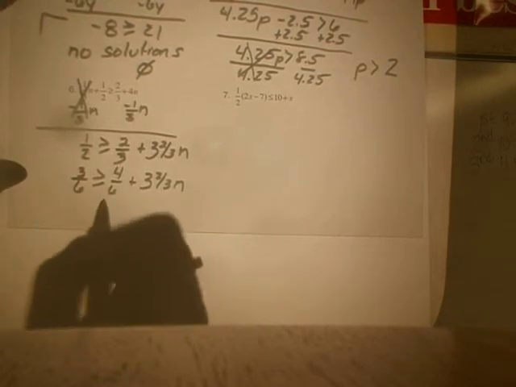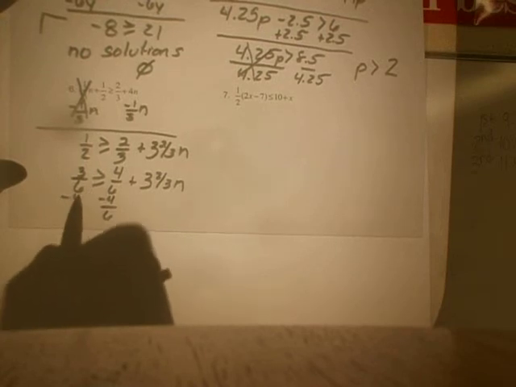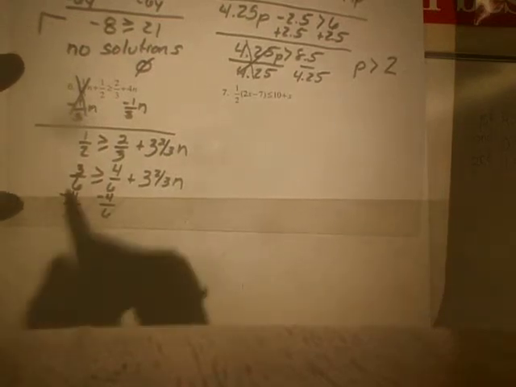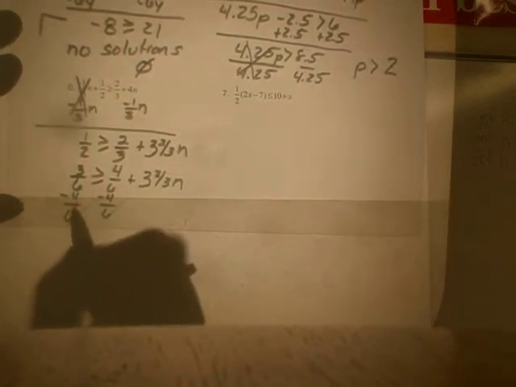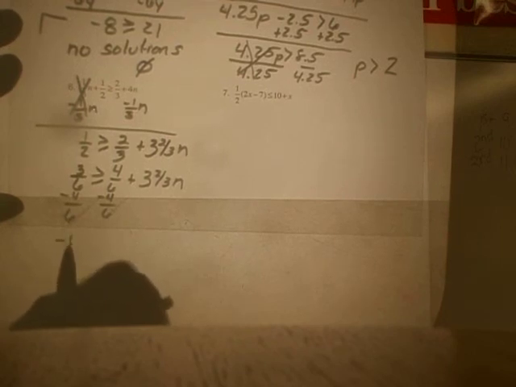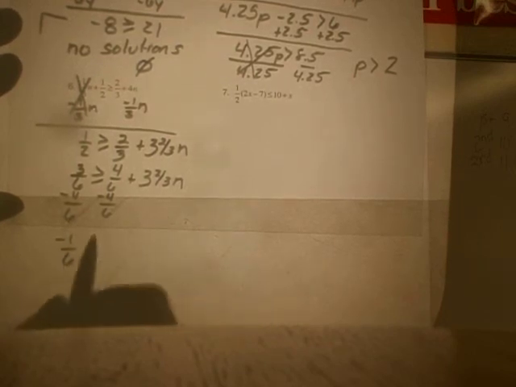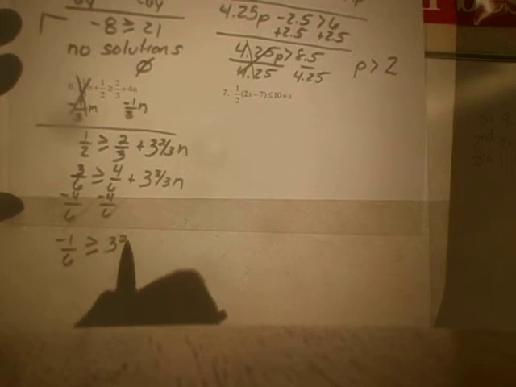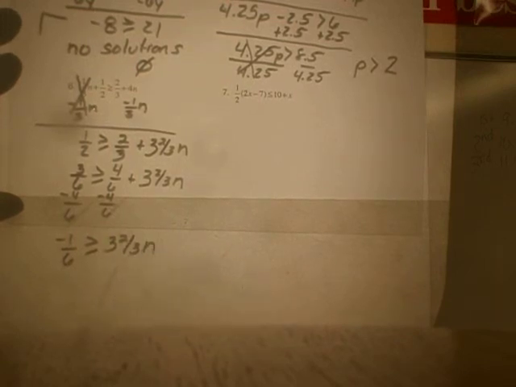To get rid of this 4/6, we are going to subtract 4/6 from both sides. And after that, 3/6 minus 4/6 is a negative 1/6, which is greater than or equal to 3 2/3 n.